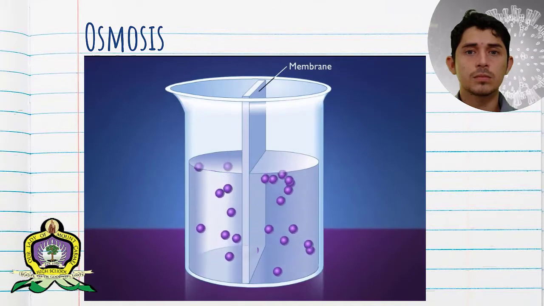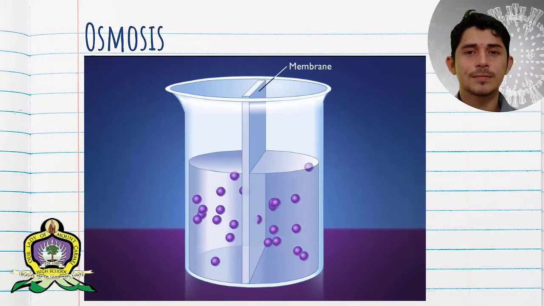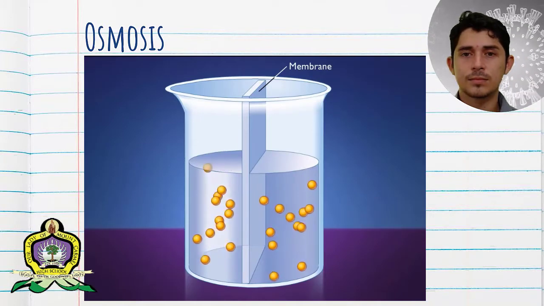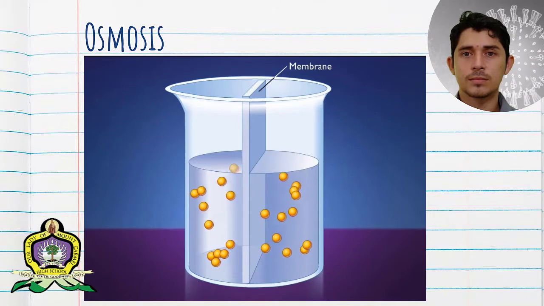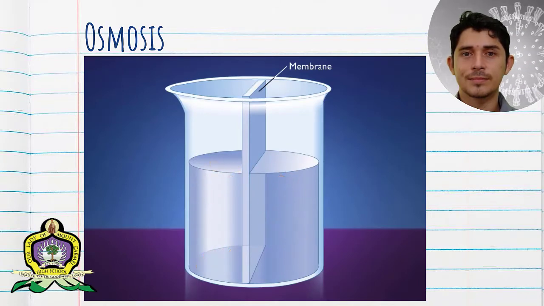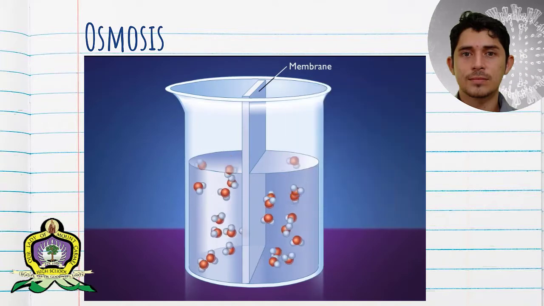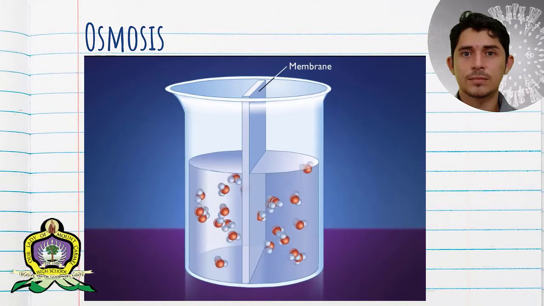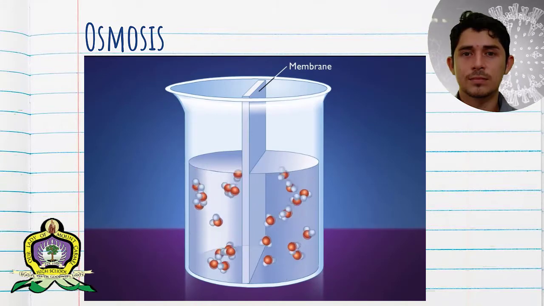This process allows small molecules, such as oxygen and carbon dioxide, to cross the plasma membrane. Most polar molecules, such as sugars and proteins, cannot freely cross this lipid membrane. Although water molecules are polar, they are small enough to pass through the membrane freely. This special case of diffusion that involves the movement of water molecules across a membrane is called osmosis.